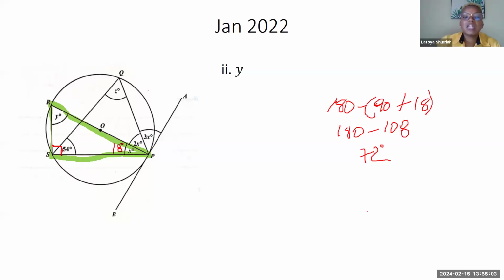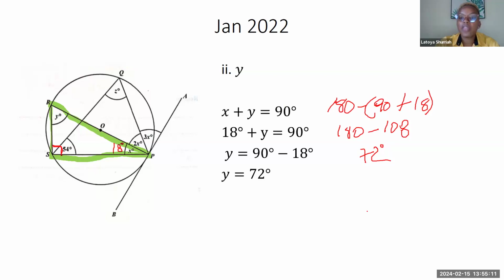All right, so that's one method. We could have looked at the 90 plus the 18 and subtracted from 180. The other method we could have used, which is in black, is the fact that we know that angle RSP, that angle right here, is 90 degrees.